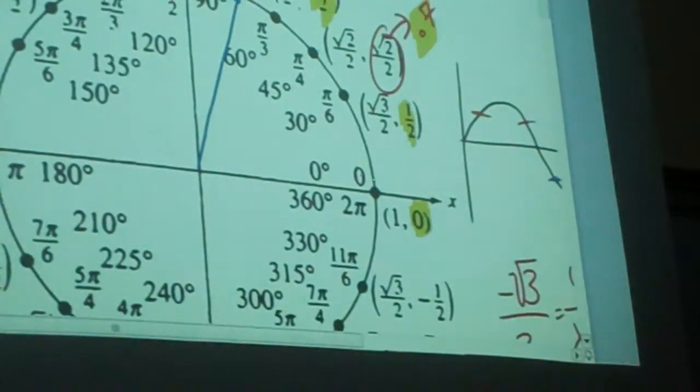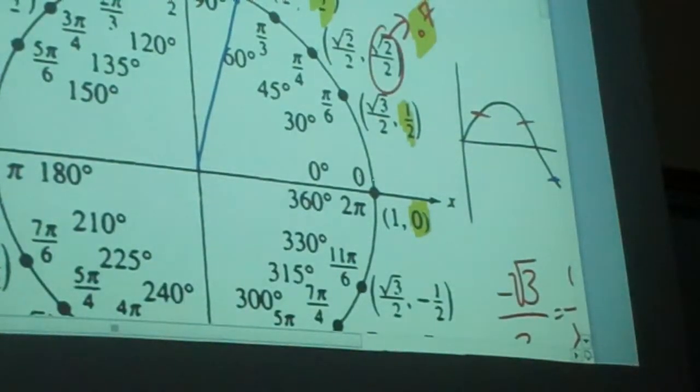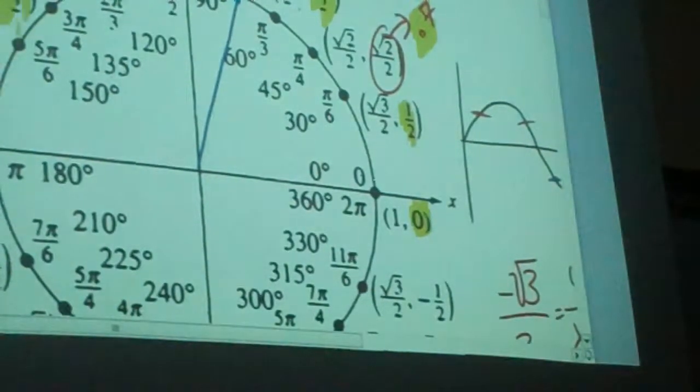Okay. And then when we get to 90 degrees, it's 1, right? And then when I go back around, 120 is 0.87, and then it goes back down to 0.7, and so think about these values.